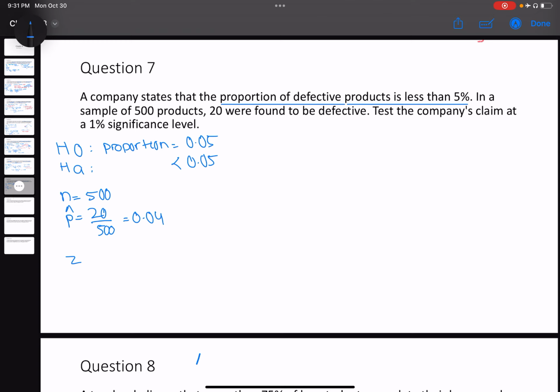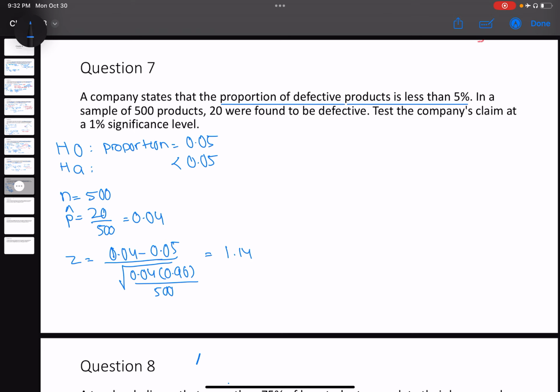Here we can get the z as p hat, which is 0.04, minus proportion 0.05, divided by the square root of p hat times 1 minus p hat, which is 0.96, divided by 500. The final amount equals 1.14.